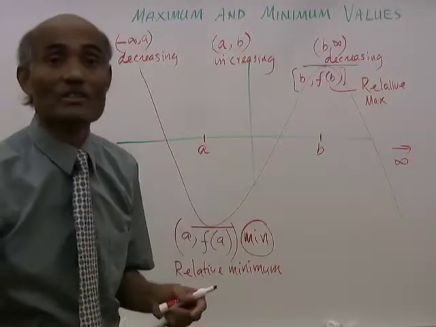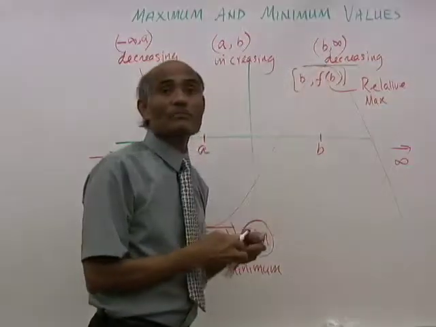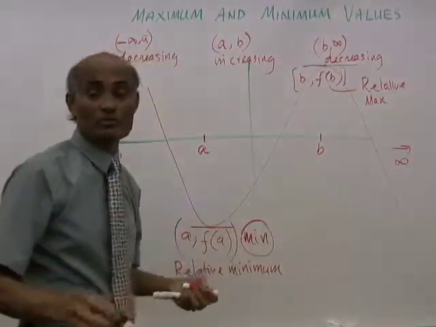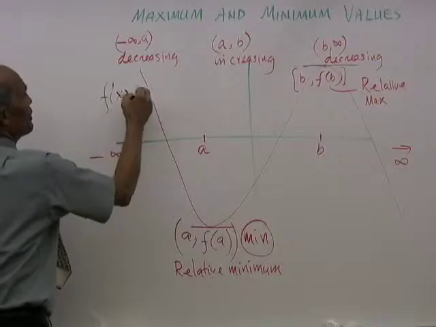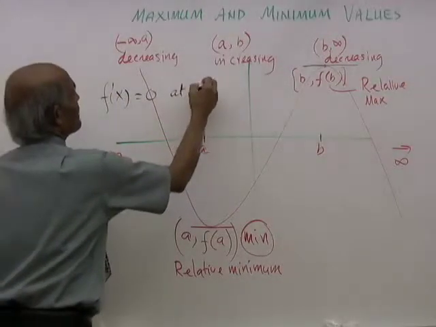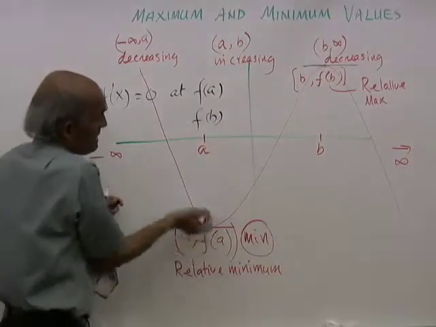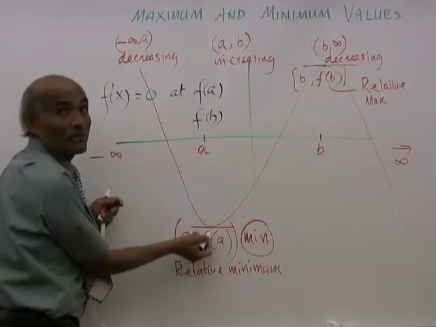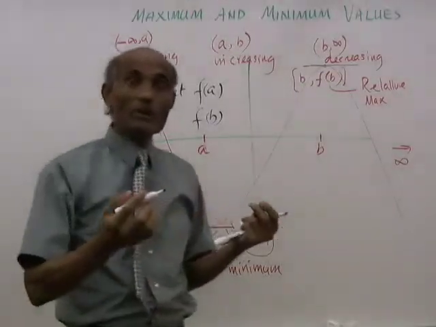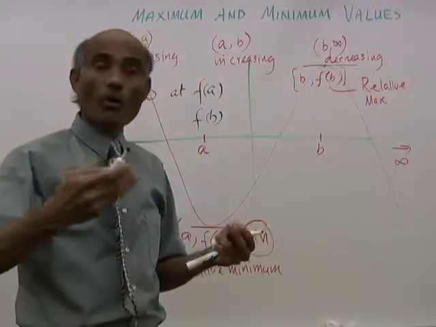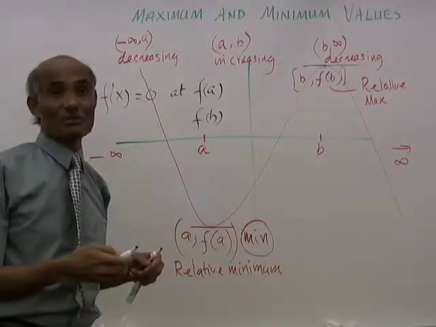What that tells you is that at a relative minimum or at a relative maximum, f prime of x equals 0. So we can make that statement: f prime of x equals 0 at f of a and also at f of b. f of a is a relative minimum, f of b is a relative maximum. So wherever you have a relative maximum or a relative minimum, the derivative of the function is 0.